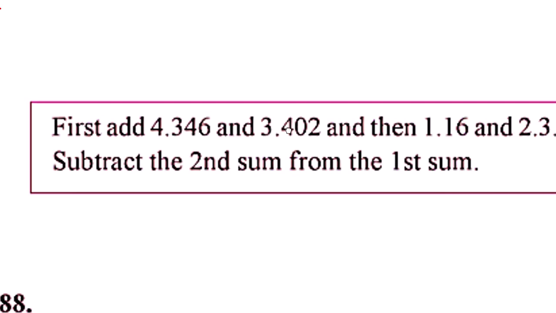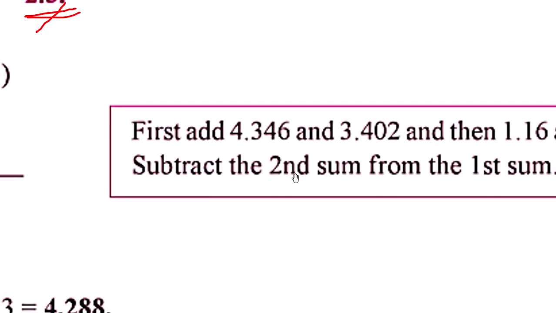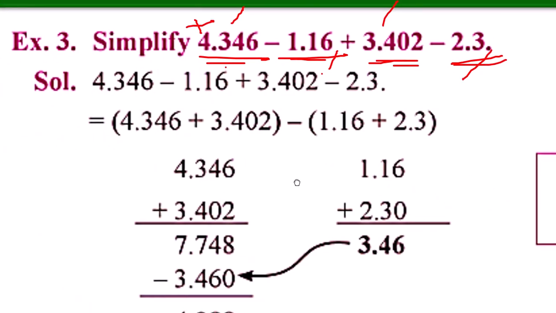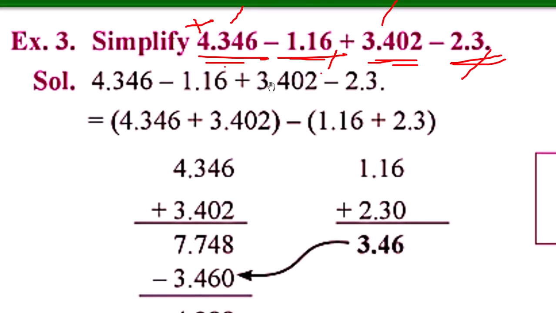Both positives to be added, the first sum will come. Both the negatives to be added, the second sum will come. Then from the first sum we have to remove the second. So here both the plus decimals we will write in one bracket as a group.